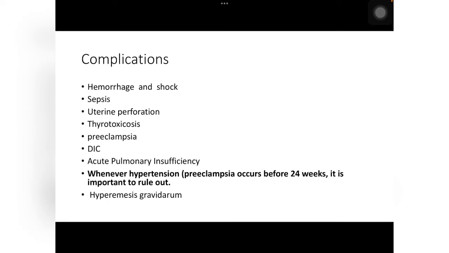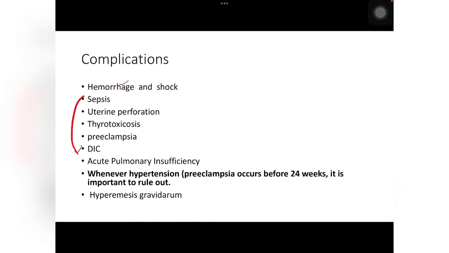So what are the complications which can happen? The patient can go into hemorrhage. If there is severe hemorrhage, she will end up in shock. There is a chance of sepsis. The uterus can get perforated if there is an invasive mole, or during the evacuation process we can perforate the uterus. There is going to be severe thyrotoxicosis, preeclampsia, and because of sepsis, hemorrhage, and everything, she can land up in DIC also.